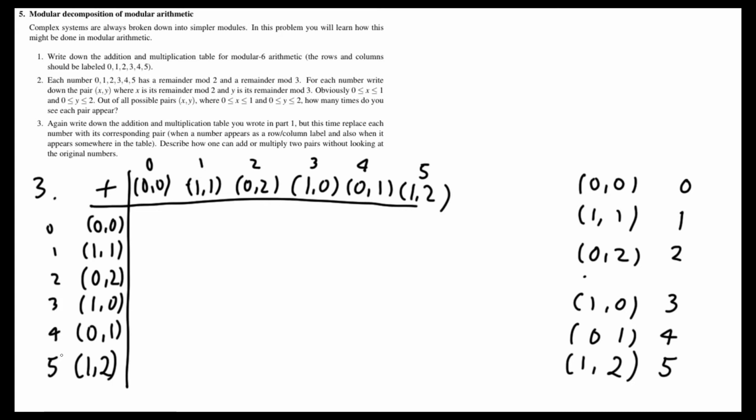Okay, so obviously the 0 row is unchanged, so this is 0, 1, 2, 3, 4, 5, which is the same pairs as over here on the left.